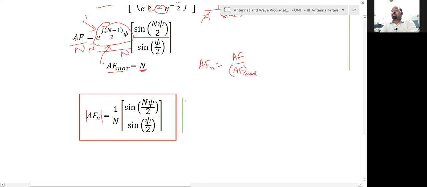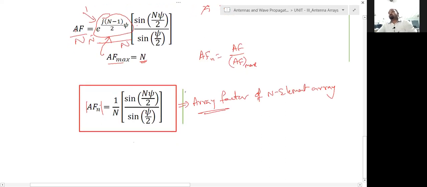So the array factor is equal to 1 by n sine n psi by 2 by sine psi by 2, right? This is the final expression for the array factor of an n element array, right?